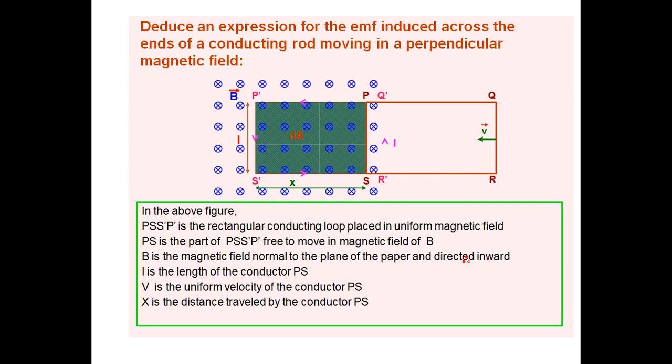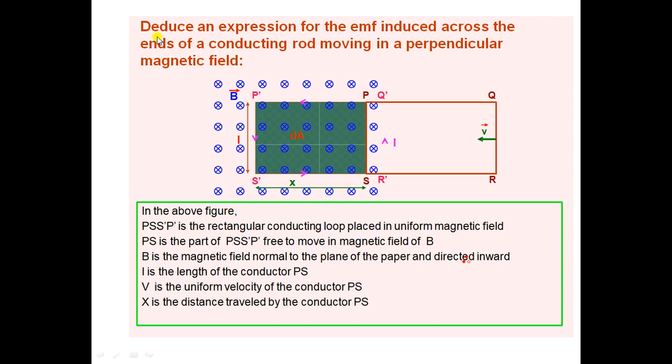Suppose v is the uniform velocity with which the conductor PS is moving in the magnetic field, in the inward direction, and x is the distance traveled by the conductor.